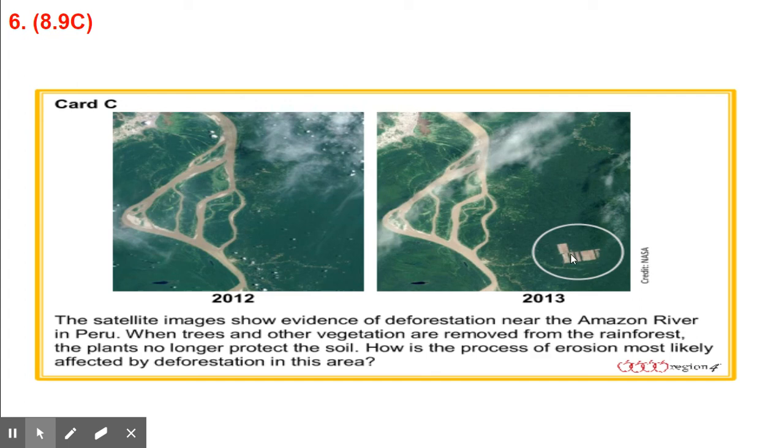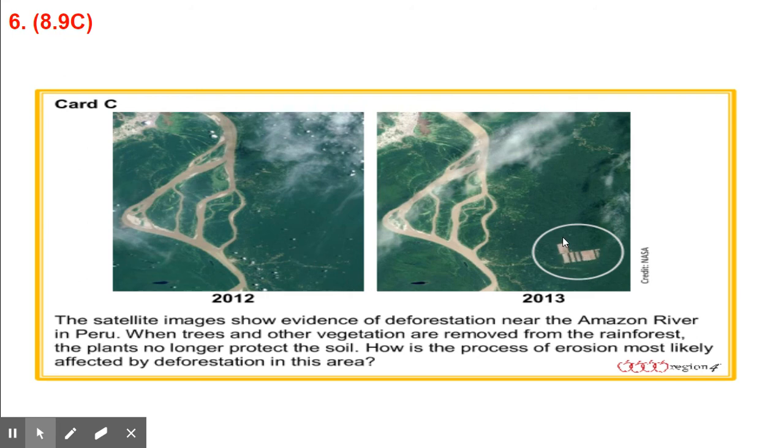So first you would need to understand what you're looking at. So here you would understand this is the Amazon River, and before you have the same view here, but what happened was that people took down the forest. They clear cut by chopping down trees, taking away the vegetation, and we understand that vegetation, trees, their roots hold down soil in the ground.